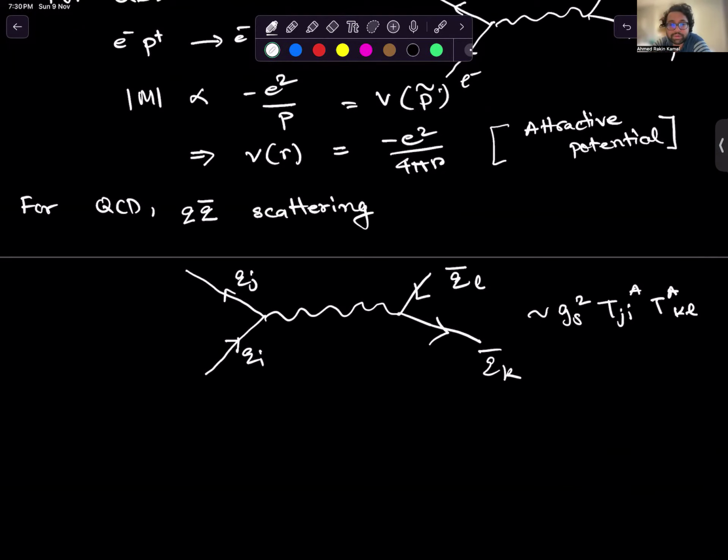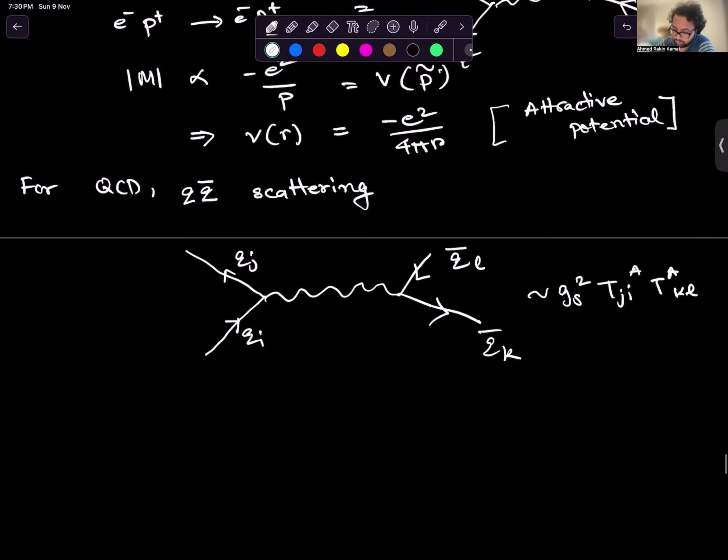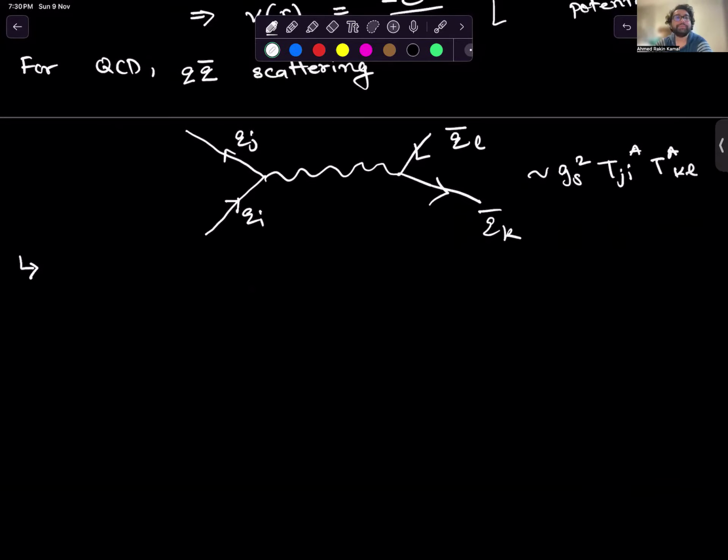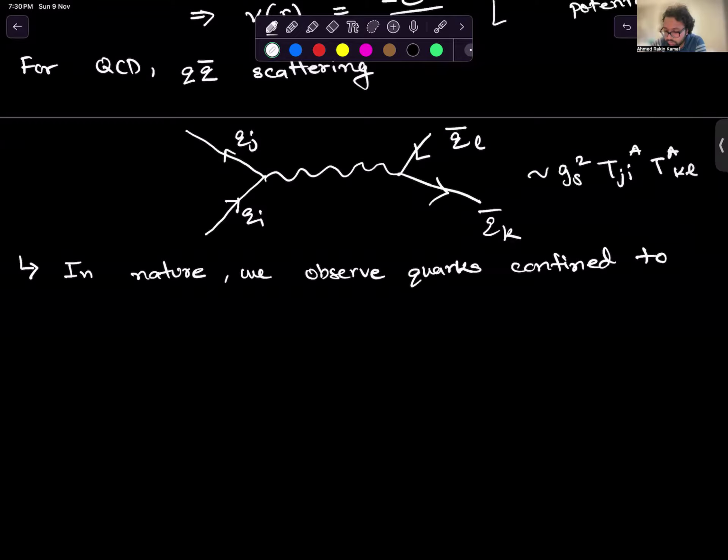Now comes the interesting part. Maybe I'll say it just physically. What happens is that in nature we observe quarks confined inside hadrons.